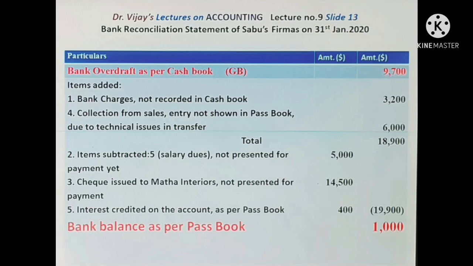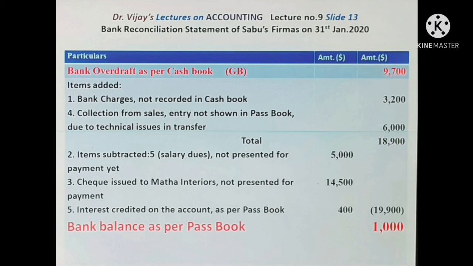Now we are preparing the bank reconciliation statement of Sabu's firm as on 31st January 2020. The statement has 3 columns: particulars column, inner amount column and outer amount column. The statement starts with bank overdraft as per cash book, $9,700, that is the GB given balance. Now we are adding the items to be added.